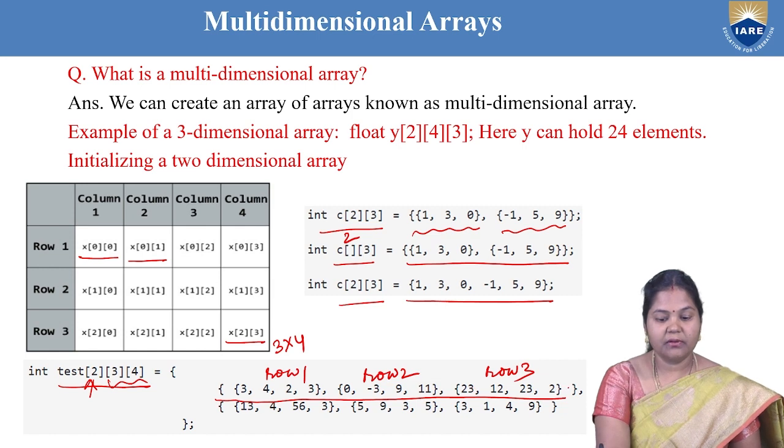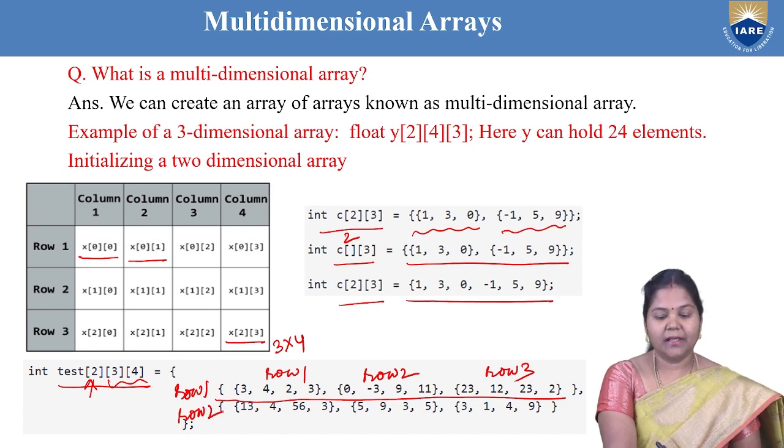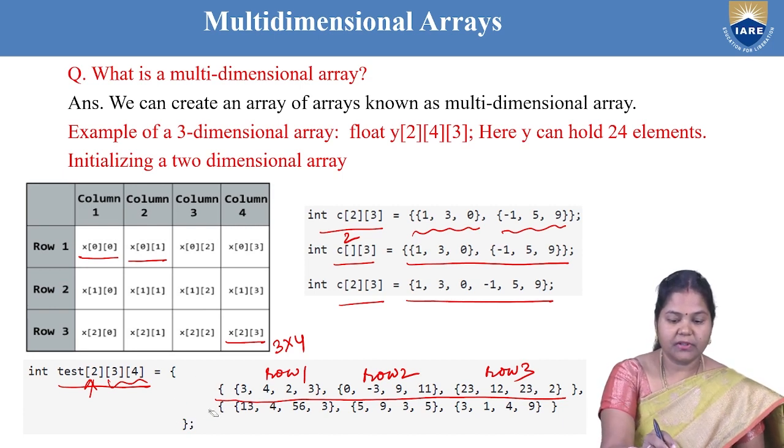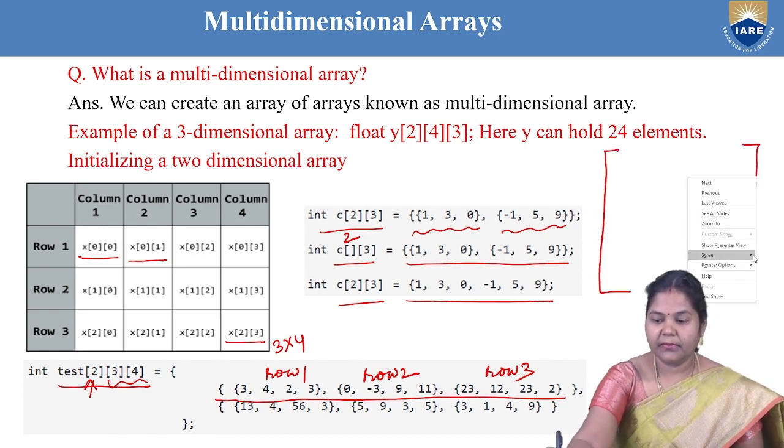So this is for your 3 by 4. The second one is row 1 of the 3-dimensional matrix, and this is row 2 of the 3-dimensional matrix. So you can understand it this way. Otherwise, you can understand this matrix like this.